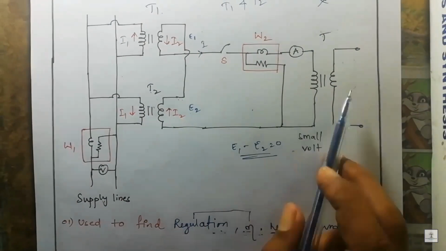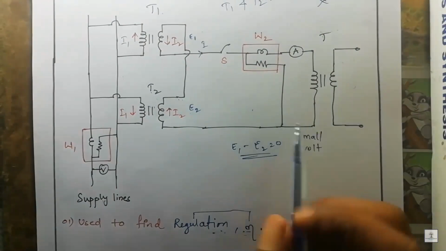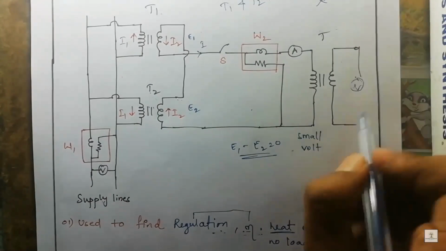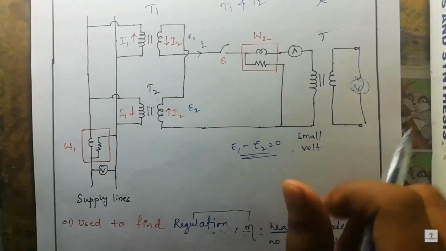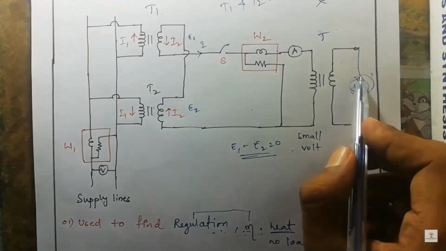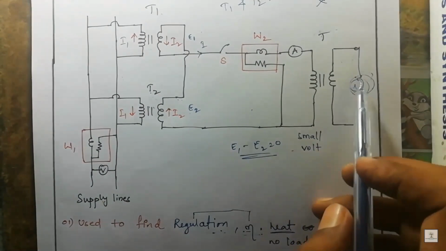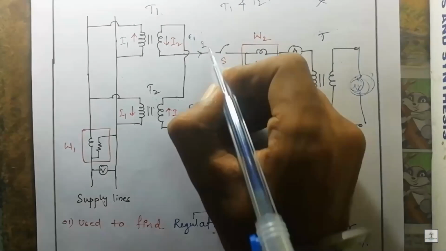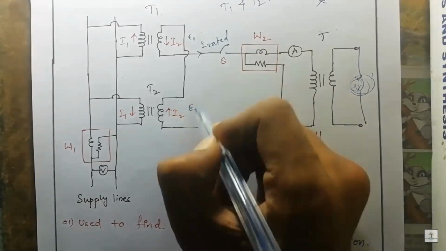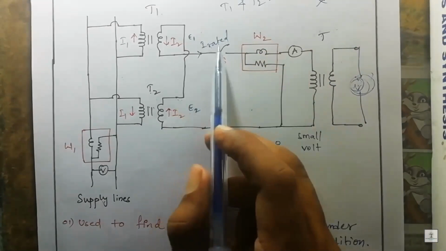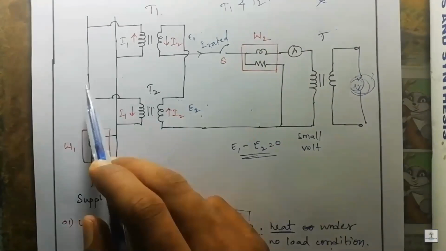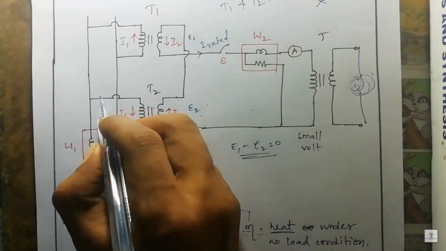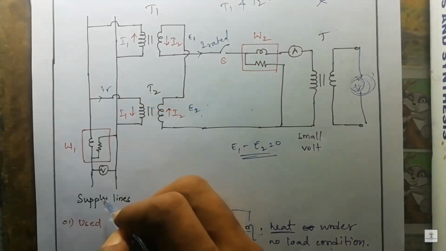This V should be varied. It will be an auto transformer, so this supply should be varied till the rated current flows in the secondaries as well. In the primaries, the rated current is already flowing from the first case itself due to the supply lines.